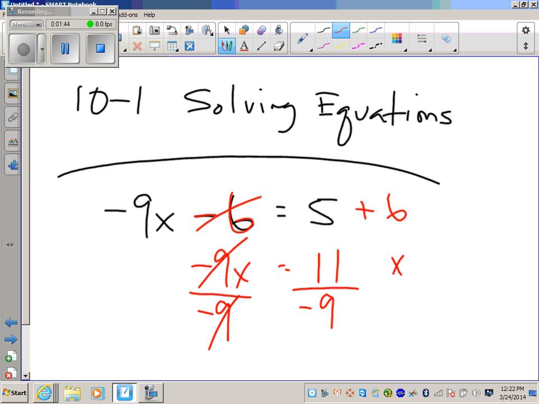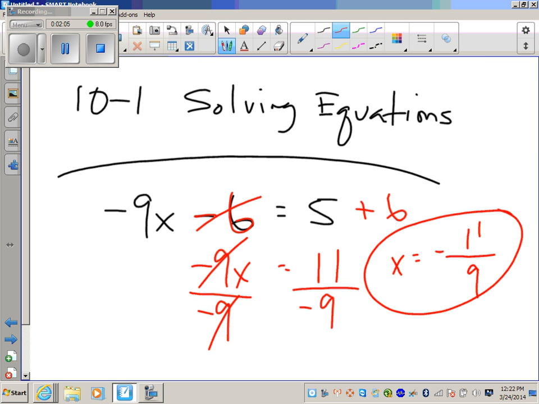X is equal to negative 11 ninths. A fraction is the solution. It doesn't matter if it's improper. You don't have to put it into a mixed number if you don't want. Just leave it as is.